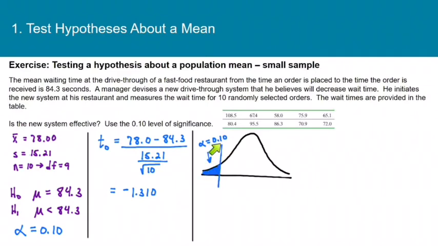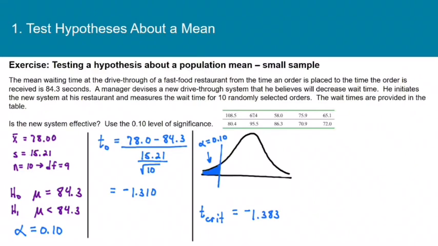So notice that this critical value will be negative because it's on the left side of the normal curve. So now you're going to go to your table using degrees of freedom equals 9 and using area in the tail equals 0.1, you will find that the critical value is negative 1.383.